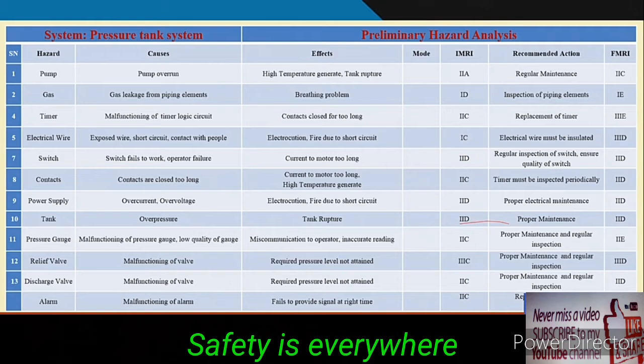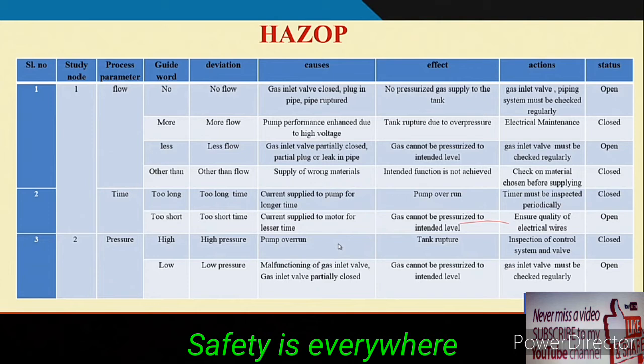So, please go through and develop your own case for PHA, PHL and other techniques. Then for HAZOP purpose, you have to find out the study node.